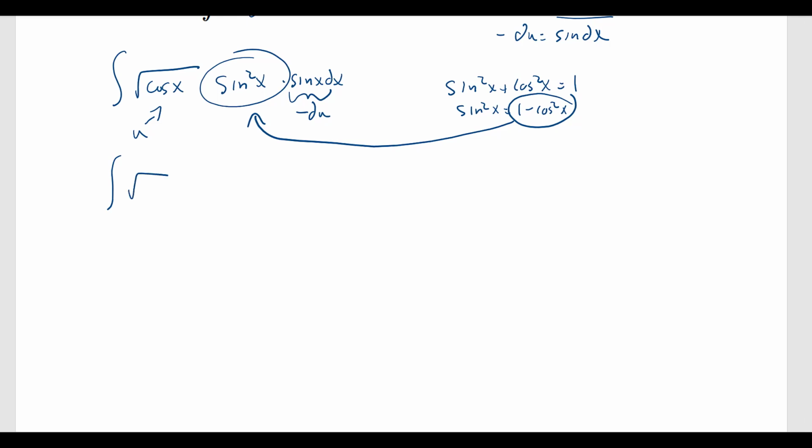So we have the square root of cosine of x times 1 minus cosine squared x times sine x dx. I'll deal with the negative in a minute. I kind of wanted to do that now, but I'll just do like I said. You'll see how that changes things a little bit. Okay, and again, this is my du here.